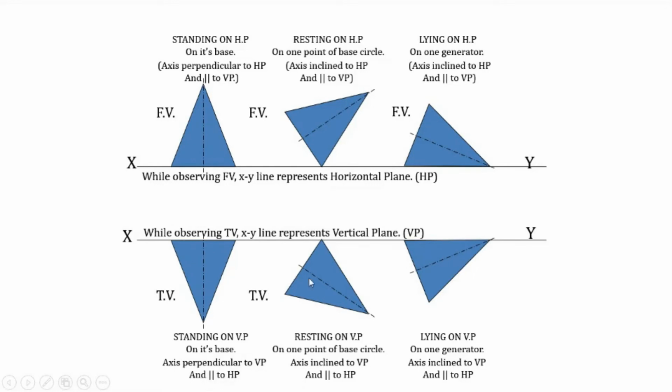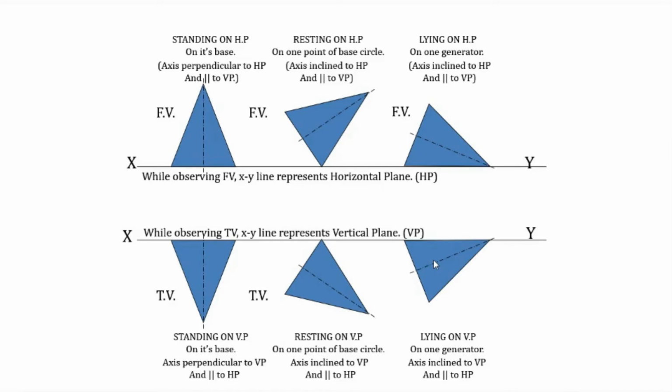So this is the third condition. I mean, this is the next condition that you should remember. That is, keeping the inclination with the HP constant, if we rotate the object with respect to the VP, then the top view remains the same. So the shape of the top view remains the same.